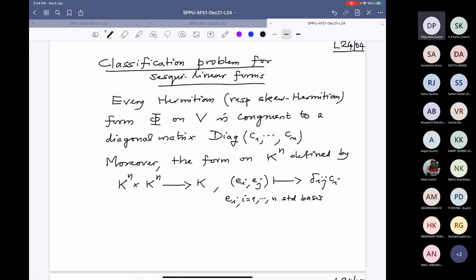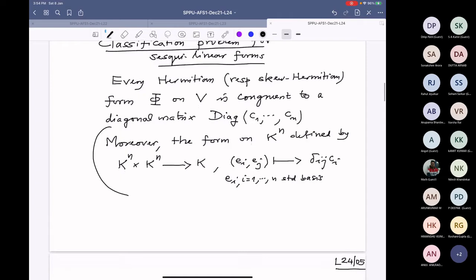So that means this form will be congruent to the form, if I want to write a more general definition, the pair (a_i, b_i) goes to the summation of a_i b_i bar c_i.